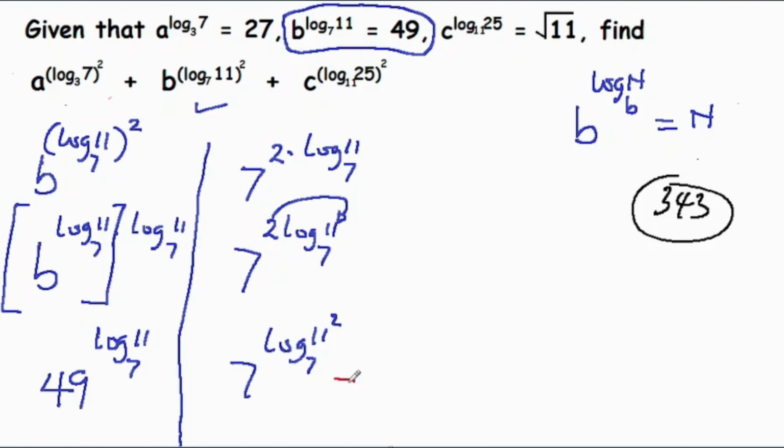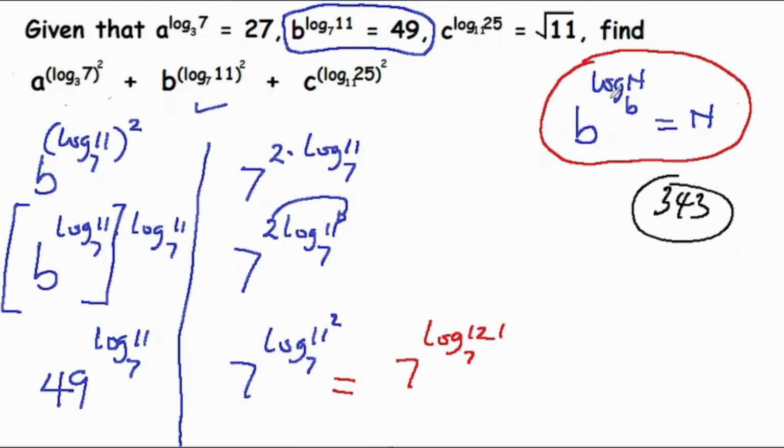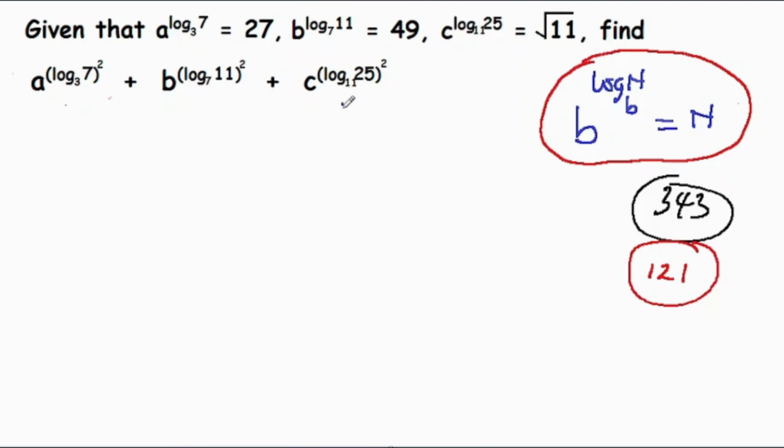So this becomes 7 raised to power log of 11 squared, that is 121, base 7. So we'll go back to the property that we talked about at the beginning of the video. So 7 raised to power log 121 base 7 is actually equal to 121. So that's the value of the second term. So we're going to keep that one here, 121.